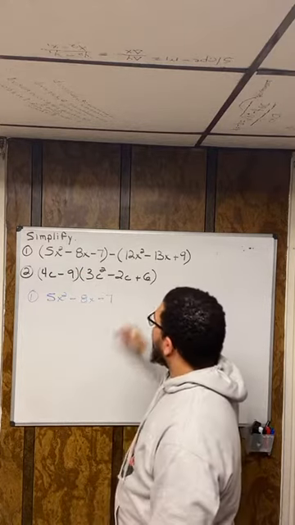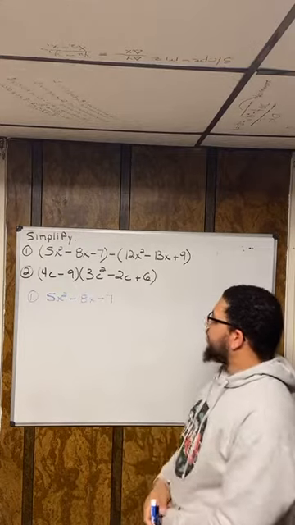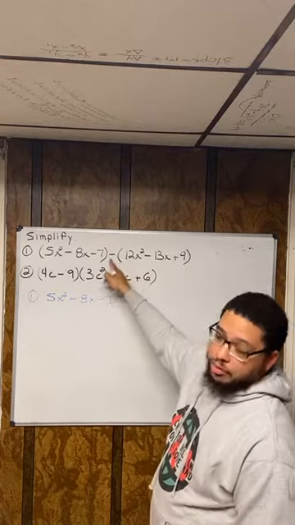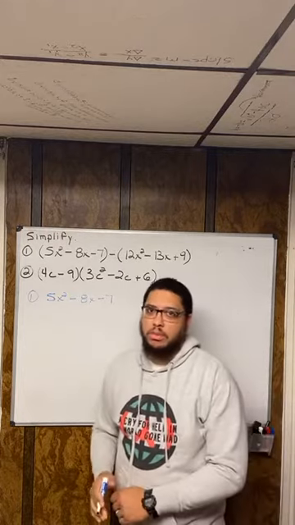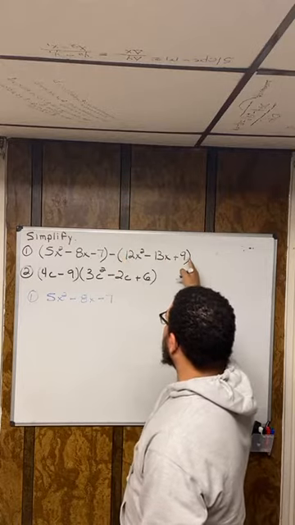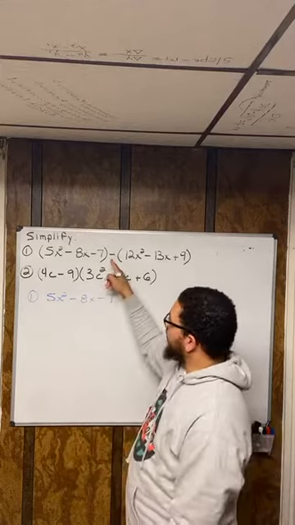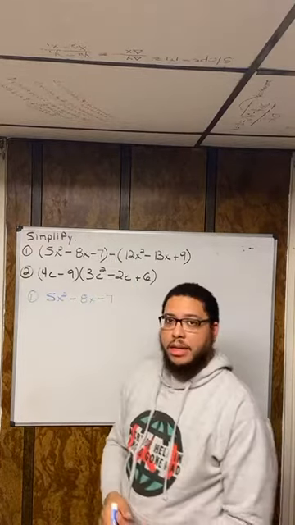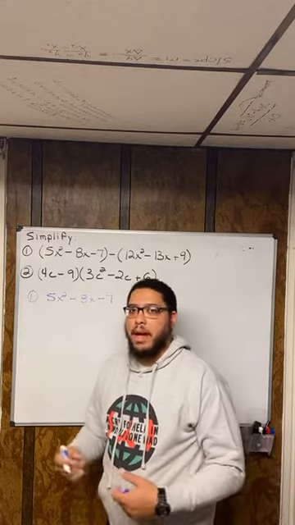Now, this next expression, 12x squared minus 13x plus 9, has a minus sign in front of it. So whenever you see a minus sign, you need to be careful, because that minus sign affects everything inside of these parentheses, and it actually changes everything inside of those parentheses. If this were a plus sign, then the plus sign would not change anything. It would be essentially like multiplying by positive 1.